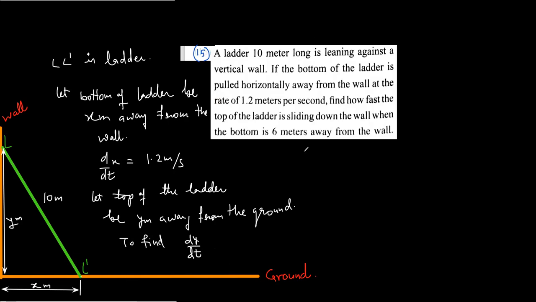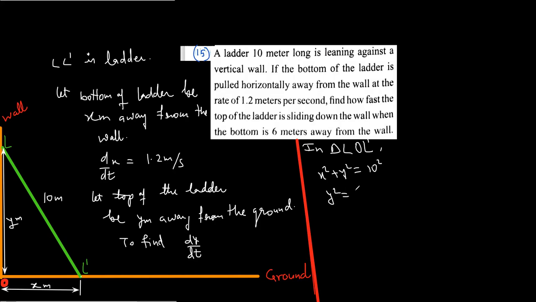I write in triangle L O L dash. Let me write here O. Okay, this is O. So I write in triangle LOL dash, x square plus y square is equal to 10 square.